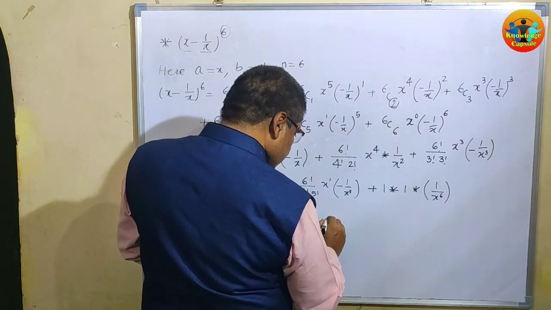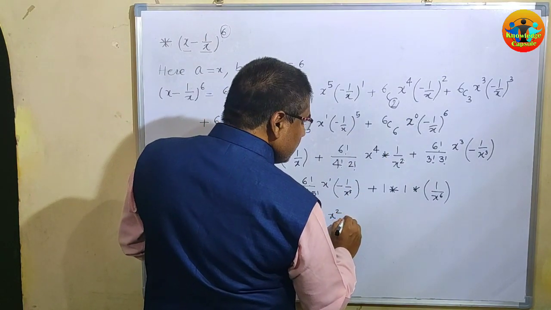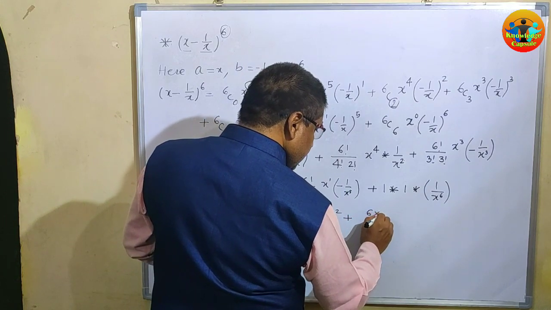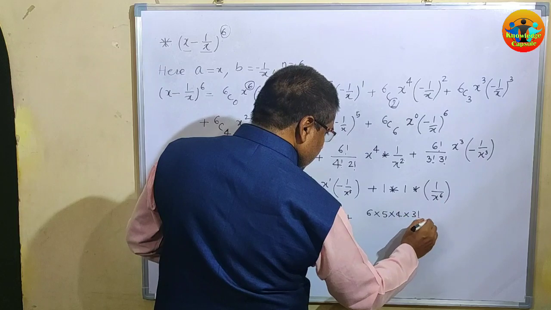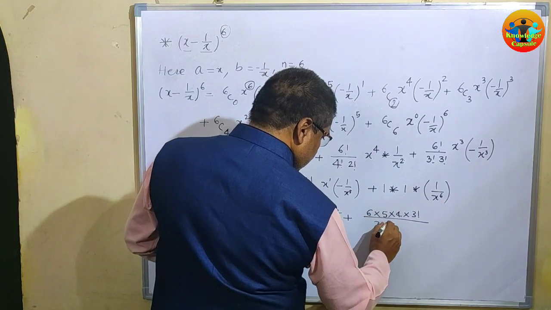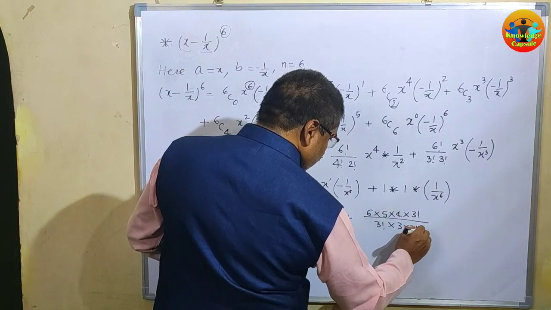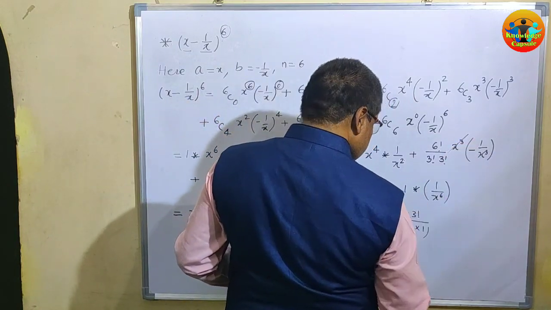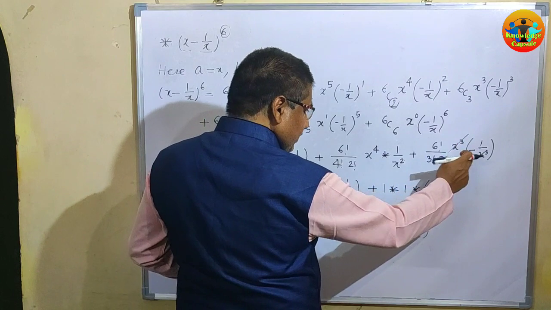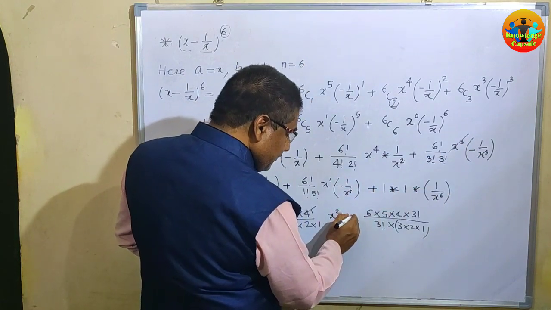X raised to 4 upon x square is x square. Plus factorial 6 can be written as 6 into 5 into 4 into factorial 3 upon factorial 3 into 3 into 2 into 1. This will get cancelled. This will be the minus term.